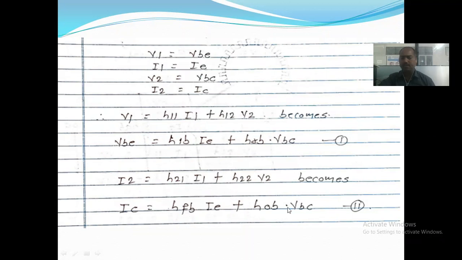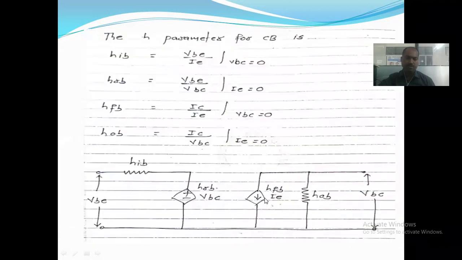So that's why it is written as an admittance. Output admittance, that's why HO is written for it, and for common base it is B. So HOB, and V2 should be VBC. Okay, so your equation is IC equals HFB into IE plus HOB into VBC. This is the equation.